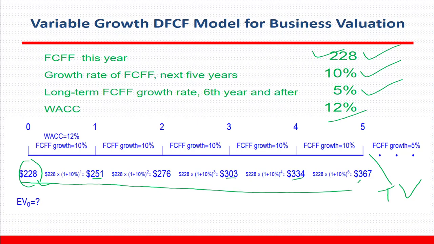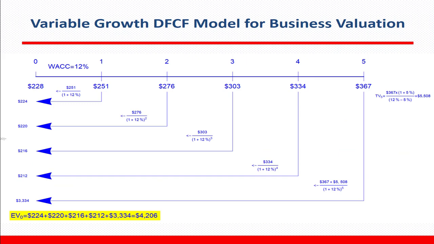Once you compute the cash flow for the next 5 years, then you can compute the terminal value, and you can discount them all and compute the value of the business, which I have done in the next slide.